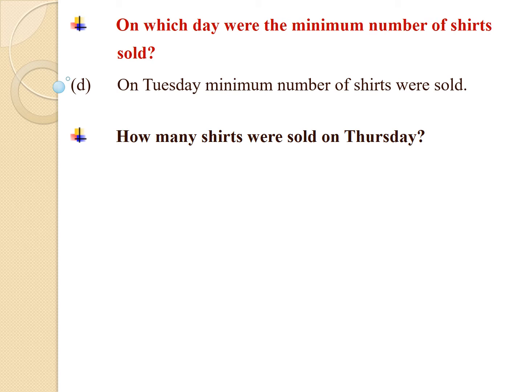Now, let us solve question E. How many shirts were sold on Thursday? As the height of the bar on Thursday touches the mark 35. So, on Thursday, 35 shirts were sold.